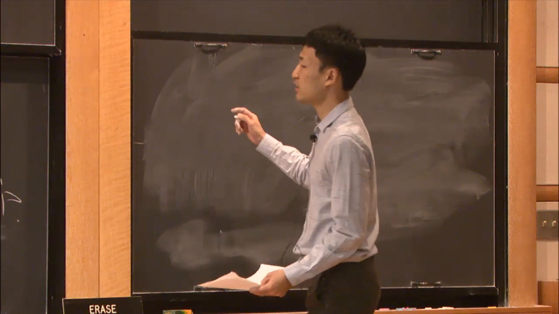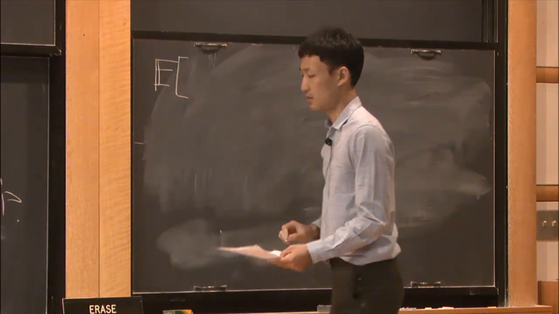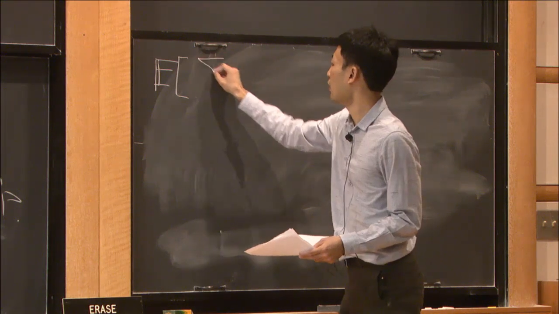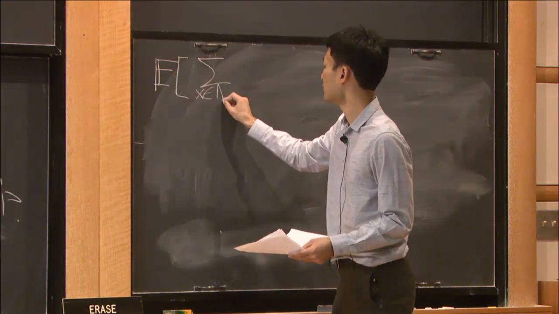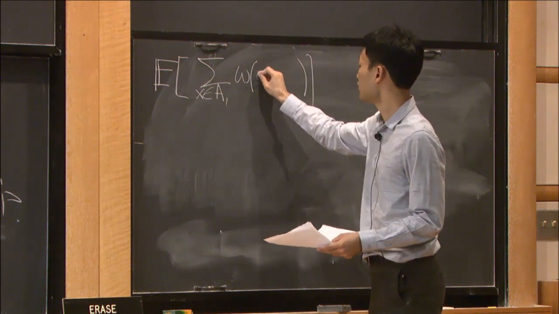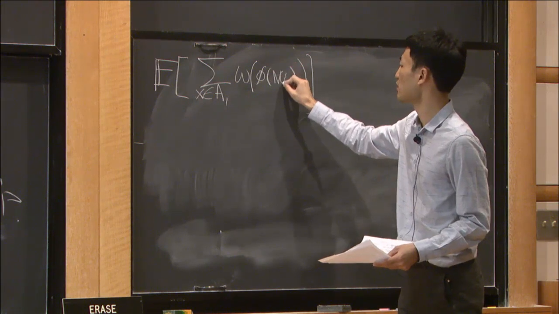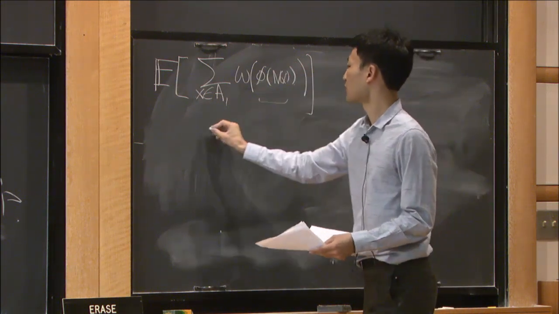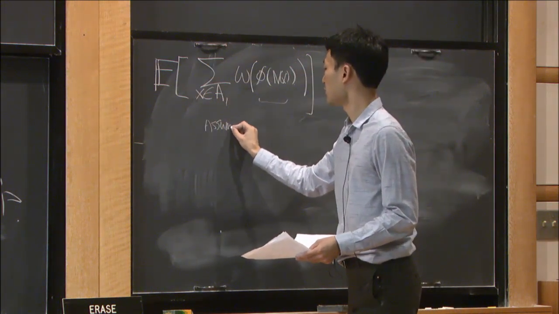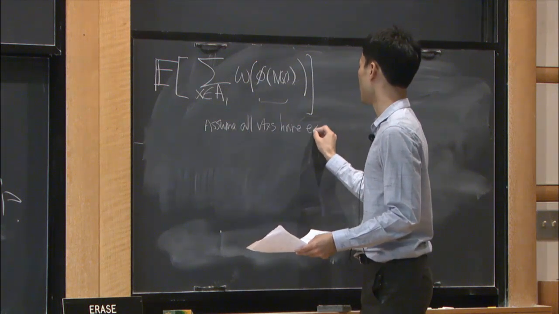And the key quantity I want to understand is the expected value over all vertices in A1 of the defect of the D tuple consisting of where the neighbors of X went to. So assume all vertices in A1 have exactly D neighbors.